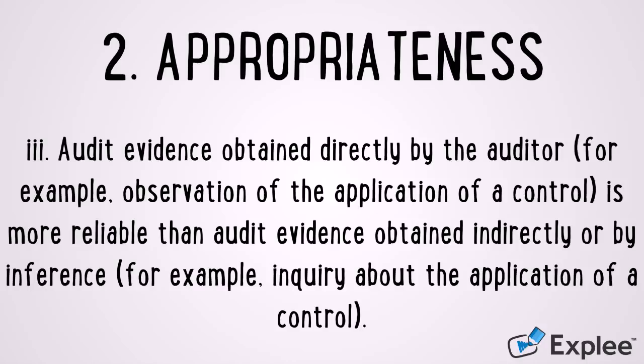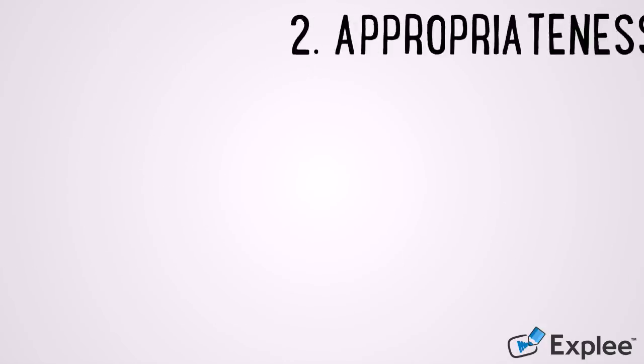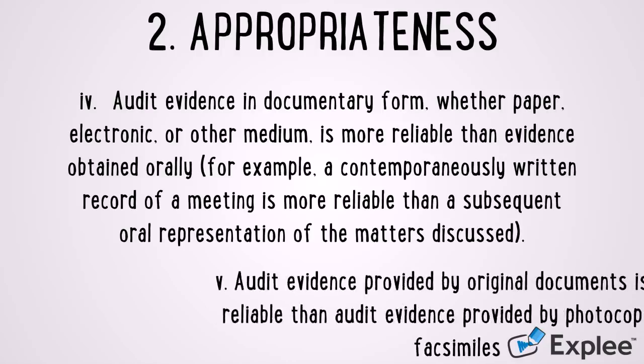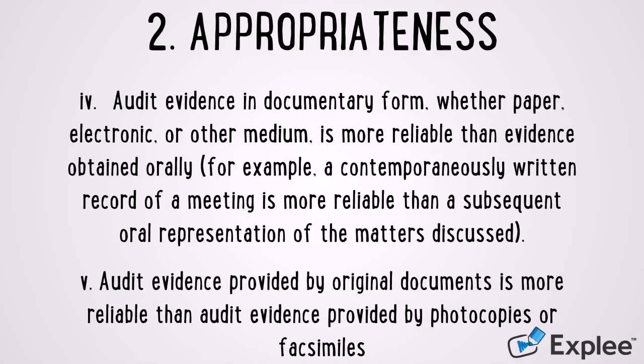Third, audit evidence obtained directly by the auditor is more reliable than audit evidence obtained indirectly or by inference. Fourth, audit evidence in documentary form, whether paper, electronic, or other medium, is more reliable than evidence obtained orally. Fifth, audit evidence provided by original documents is more reliable than audit evidence provided by photocopies or facsimiles.